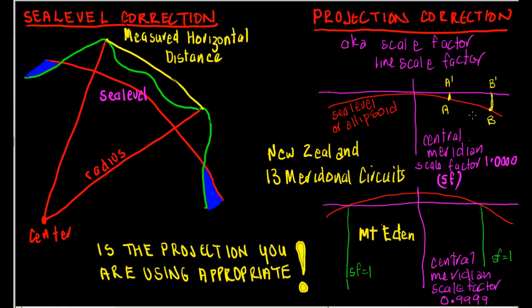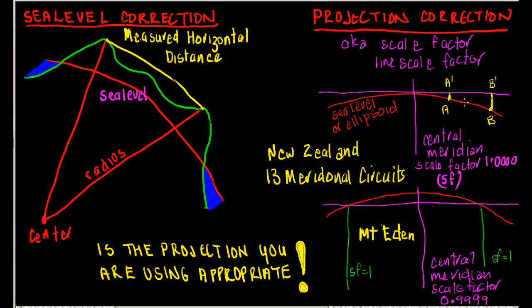However, if we are to take the coordinates of A dash and B dash and work out the distance between them using our standard calculator or coordinate geometry, we will not get the ellipsoid distance between A and B in some cases, because there is a scale factor involved.